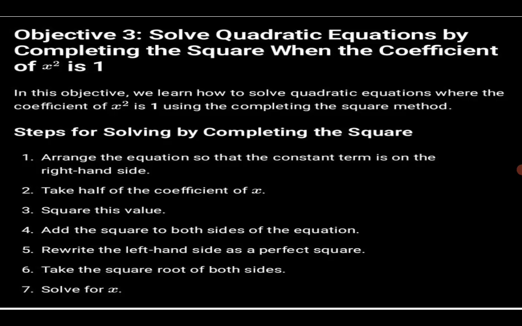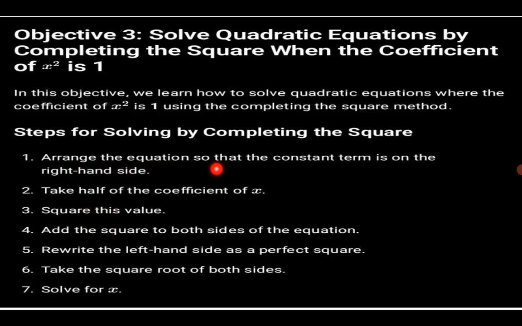Our third objective for this lesson: solving quadratic equations by completing the square when the coefficient of x squared is 1. In this objective, we learn how to solve quadratic equations where the coefficient of x squared is 1 using the method of completing the square. The steps of solving an equation by completing the square involve the following.